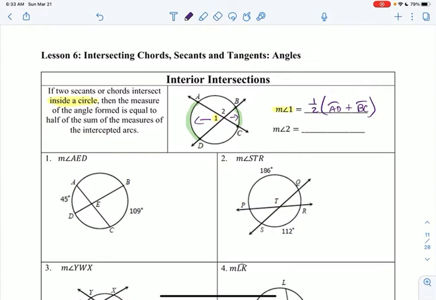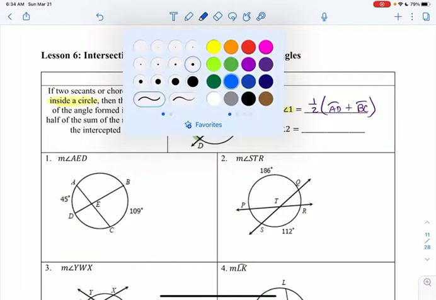So this is not a central angle. We learned about central angles. Central angles had their vertex in the center. This is just any angle formed inside a circle, and it's formed by either two chords or two secants. And angle 2, grab a different color right here.